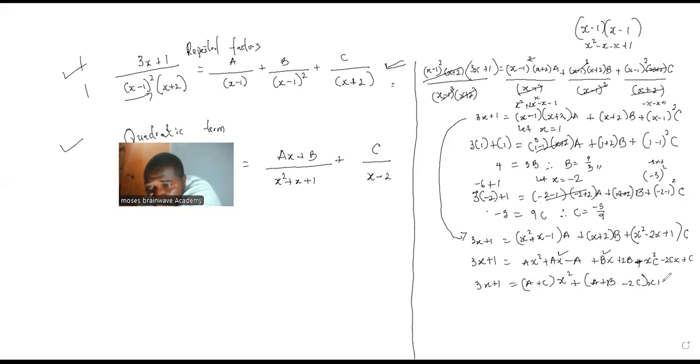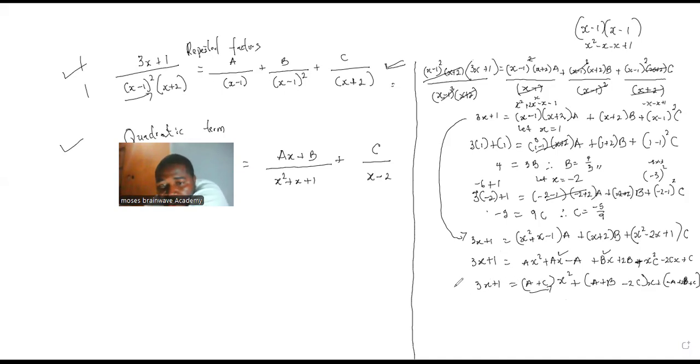Then we'll have the last terms, which is just minus 2a plus 2b, then plus c. But we are interested in just this particular term. We're going to equate it with the powers here.